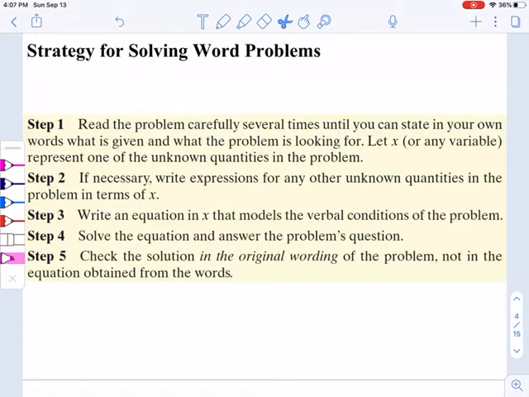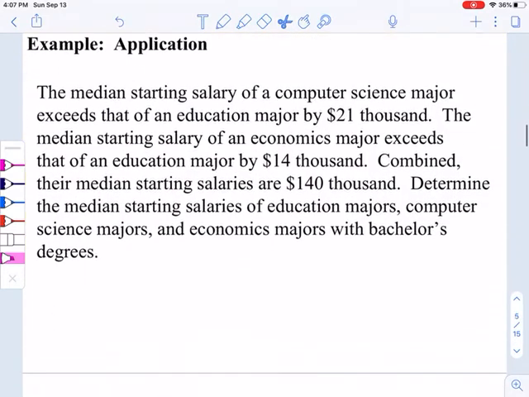Step 3 says to write an equation in x that models the verbal conditions of the problem. Step 4 says to solve the equation and answer the problem's question. And step 5, check the solutions in the original wording of the problem, not in the equation obtained from the words. So go back and make sure that the answer you ended up with makes sense for the problem you're solving. So let's take a look.